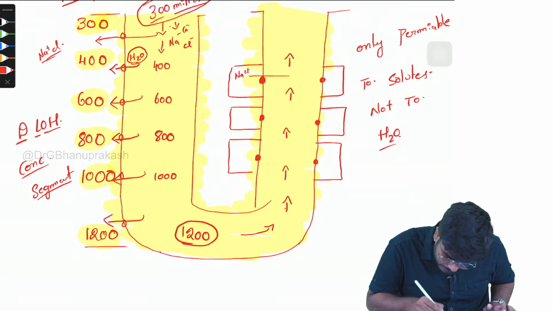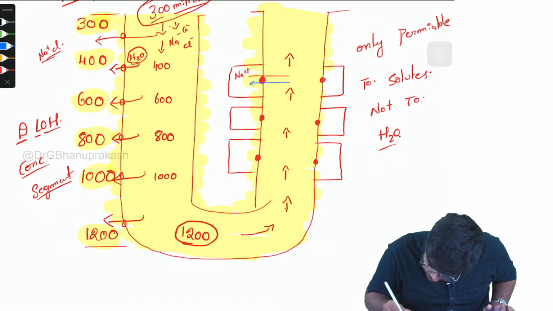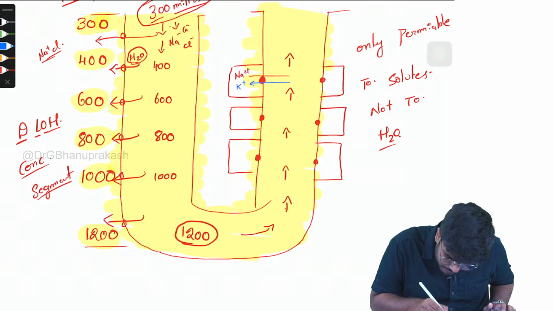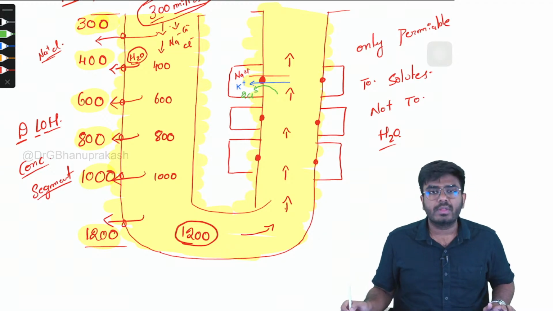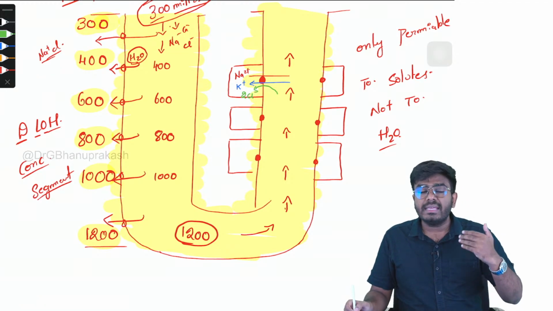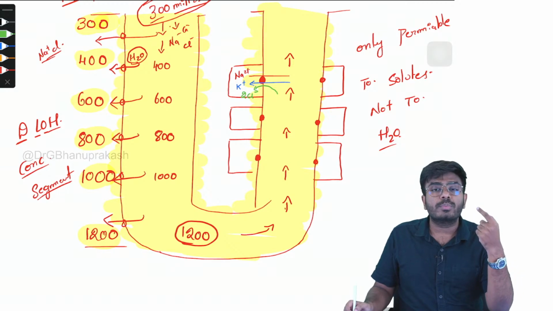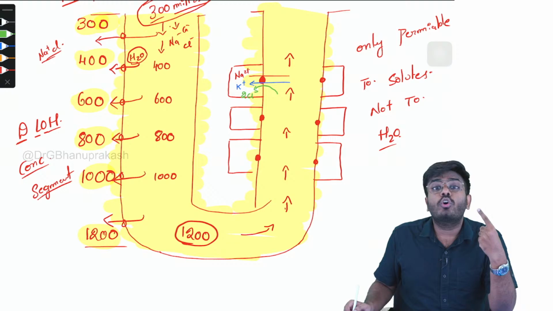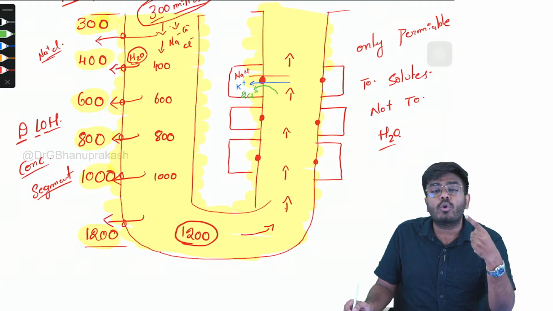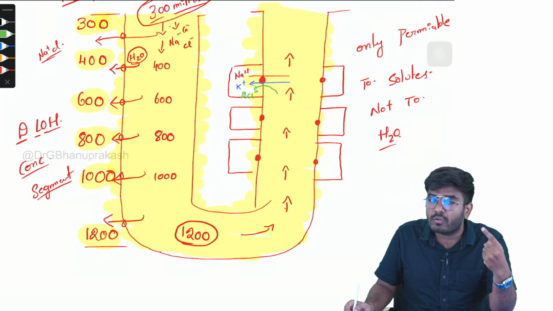The same transporter will reabsorb potassium. The same transporter will again reabsorb 2 chloride ions. So in the ascending limb of loop of Henle, there is reabsorption of sodium, potassium as well as 2 chloride ions.